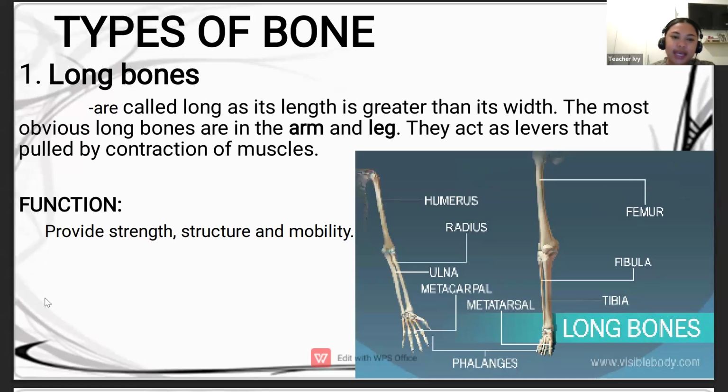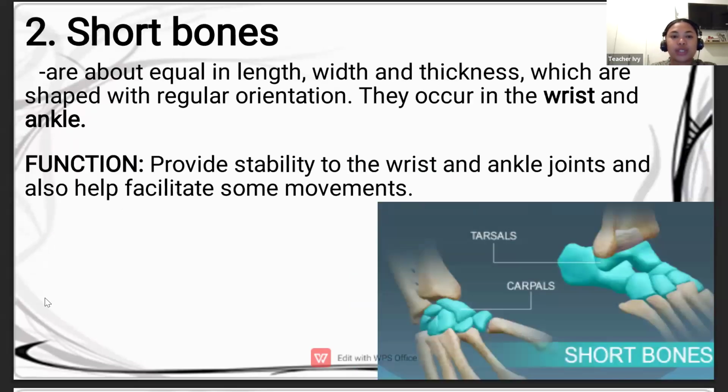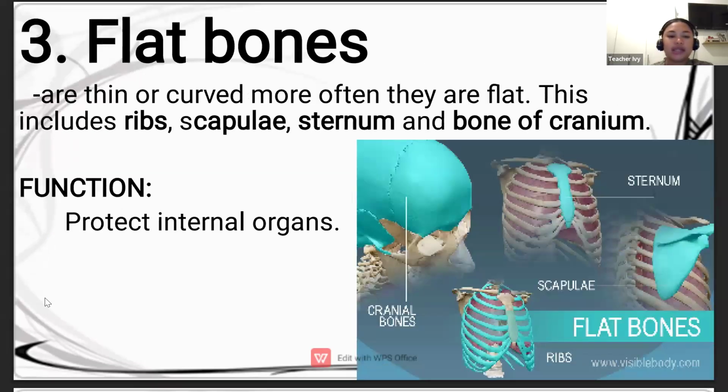As you can see, does the long bone seem to be flat, or is it just slender in shape and just long? Just long and cylinder. You see the difference now, Alfonso? Yes. So that is why the ribs do not belong to the long bone, because of its shape and appearance. Thank you for that question, Alfonso.